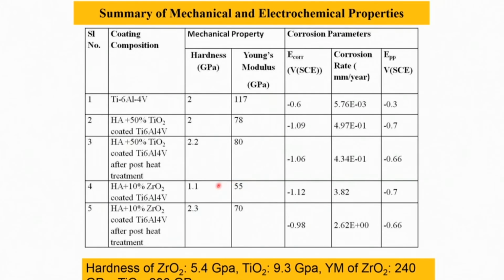So, by this particular hydroxyapatite coating, the Young's modulus was around 80 to 85 GPa, which was reduced to 55 GPa. And if you talk about corrosion rate, again the corrosion rate was reduced, not really to a large extent, but it was much lower than that of only hydroxyapatite based coating, and the pitting corrosion potential was also not changed to a large extent.